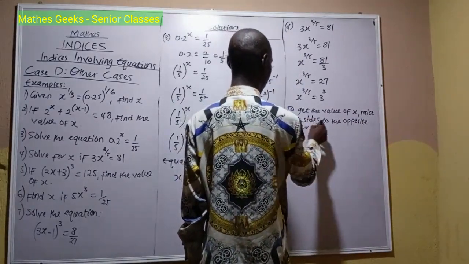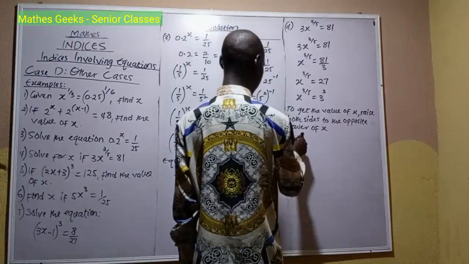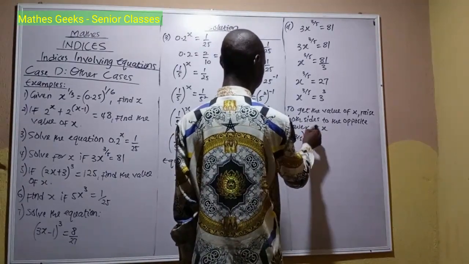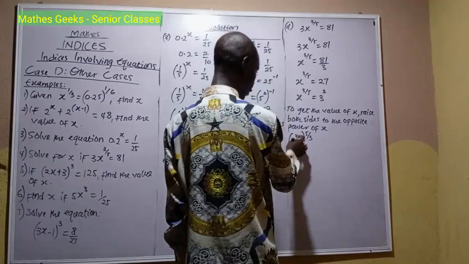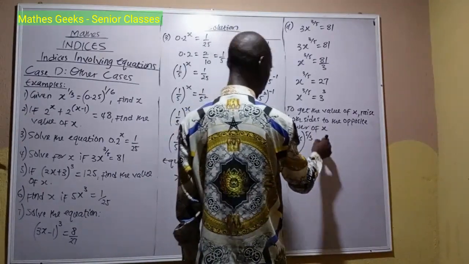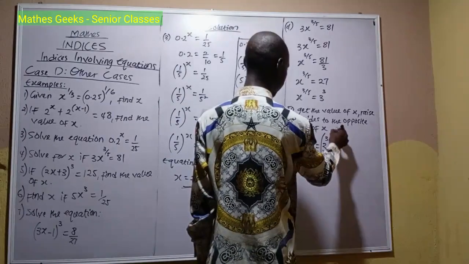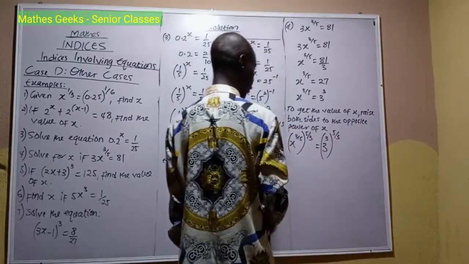So x to the 3 over 5 raised to 5 over 3. The opposite of 3 over 5 is 5 over 3, equals 3 raised to the power 3, raised to 5 over 3.